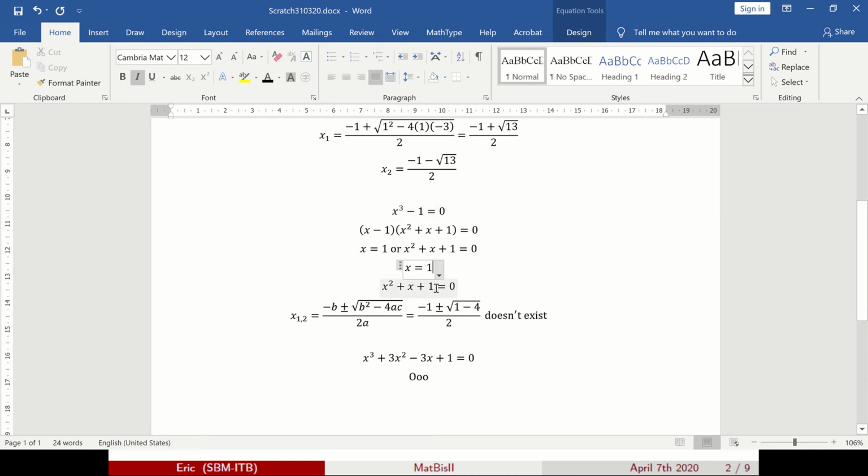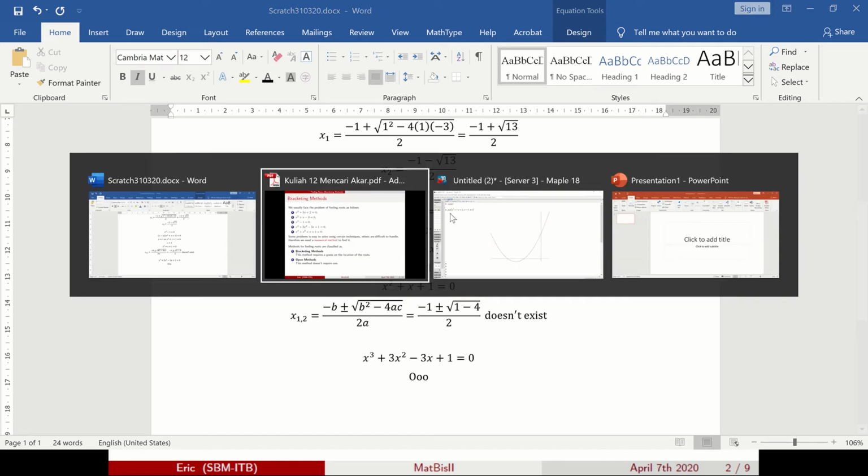For x squared plus x plus 1 equals 0, you cannot factor it, and if you use the ABC formula you encounter the square root of a negative number. So you don't have x1 and x2 from this equation. You just have one root, x equals 1, that satisfies x cubed minus 1 equals 0.